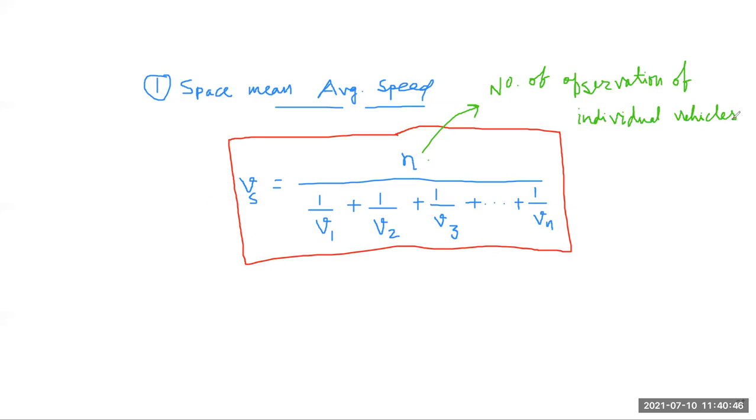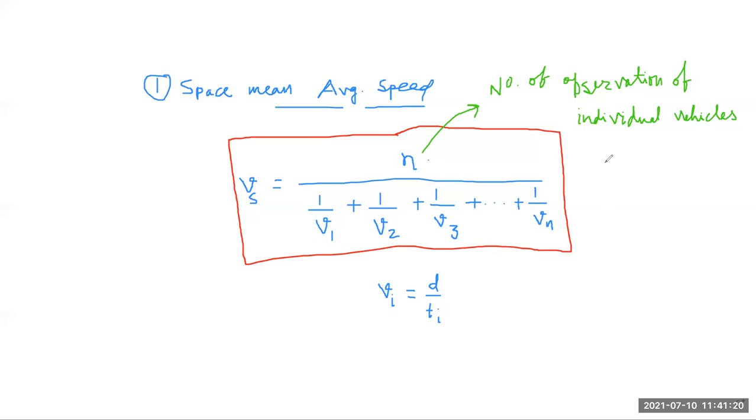We denote space mean average speed as Vs, and Vs is equal to n divided by 1 by V1 plus 1 by V2 plus 1 by V3 plus dot dot dot 1 by Vn. So here we know the speed of any vehicle is equal to distance traveled divided by time taken by that vehicle.